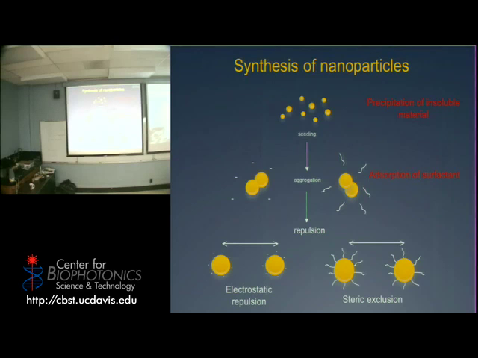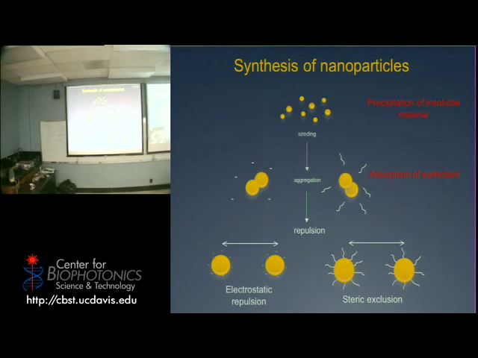If you take gold shavings and throw them in solution, they just go right to the bottom. If you make them under certain conditions, you start growing these little seeds that are really tiny. At this point, we're talking about just a few atoms. Thermodynamically, they're not really stable, and their natural tendency is to aggregate and form larger crystals and essentially crash out of solution.